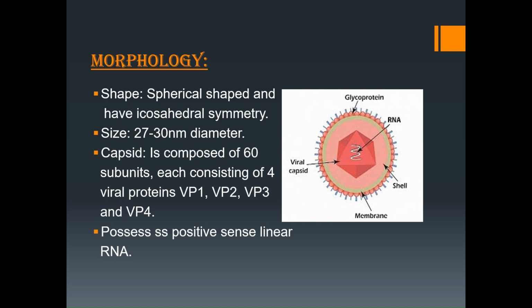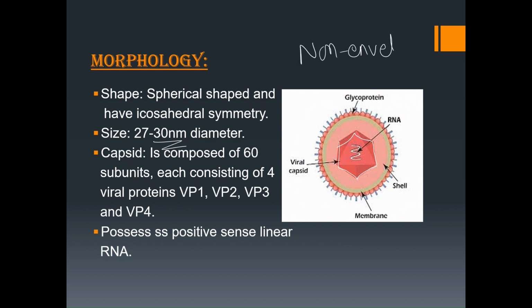Coming to the morphology of poliovirus, you can see the structure in the diagram. It is a very small virus measuring about 27 to 30 nanometers in diameter, with a round or spherical shape. You can see the symmetry of the nucleocapsid, which is icosahedral. Another important point is that it is a non-enveloped virus.